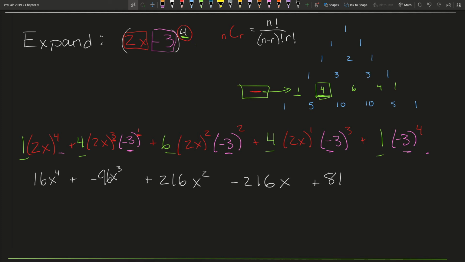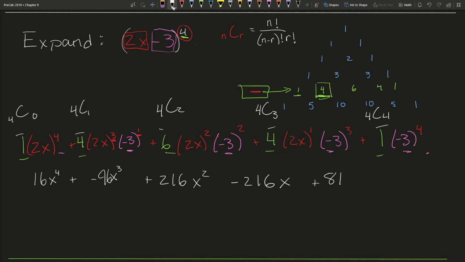Now, in order to get you to think a little bit more down the road, each of these coefficients, so this 1, this 4, this 6, this other 4, and this other 1, each of these can be rewritten as a combination, right? So this would be 4 choose 0, this would be 4 choose 1, this is 4 choose 2, 4 choose 3, and then 4 choose 4.